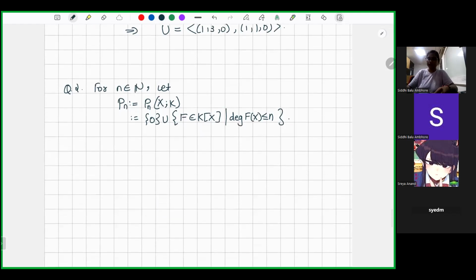This is how I'm defining this set Pn, and this is also true or false. Let me just write it.